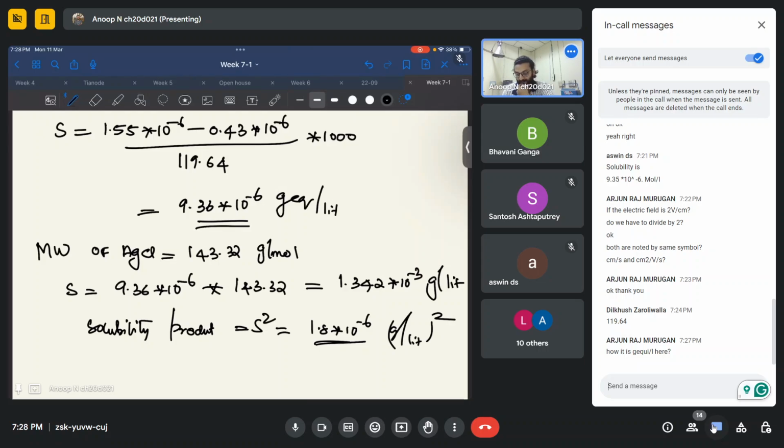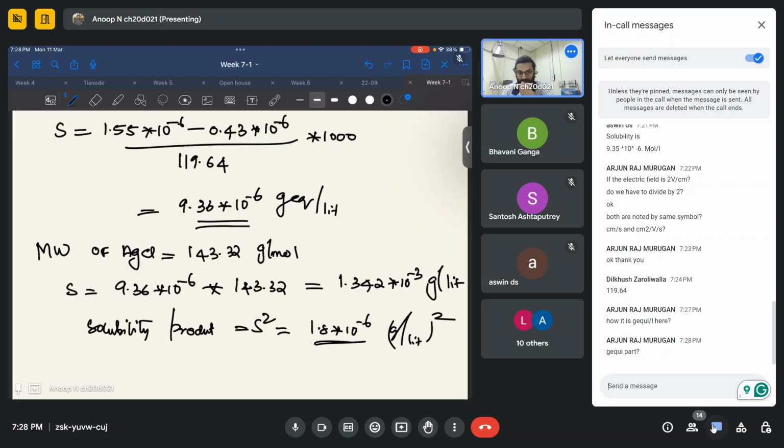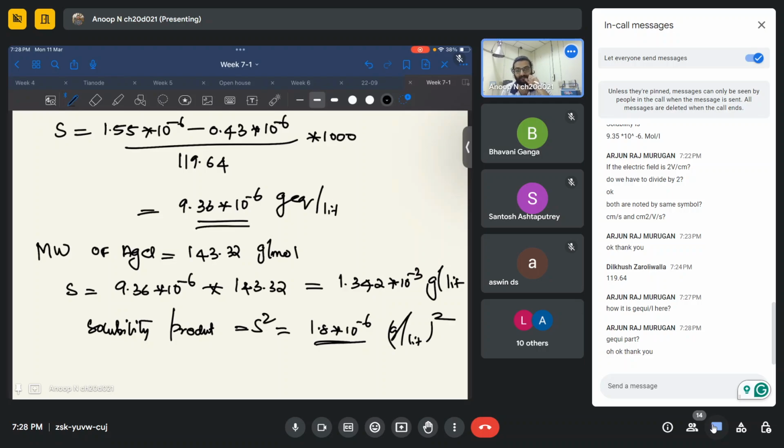Fine. Gram equivalent, you see here, lambda 0 is equal to 119.64 Siemens centimeter squared per gram equivalent, so that will directly go to the top. That's it. So I suggest if we have any doubt in unit, let's do it in that way also.